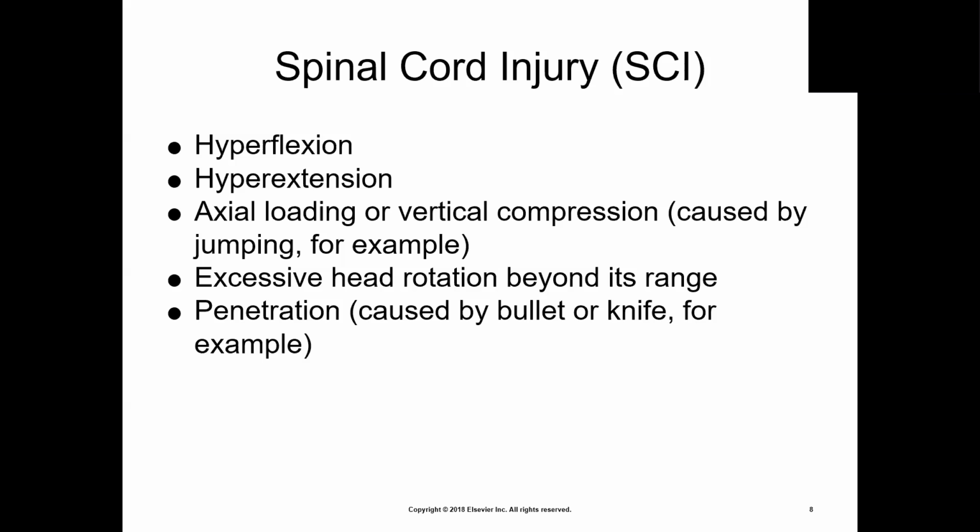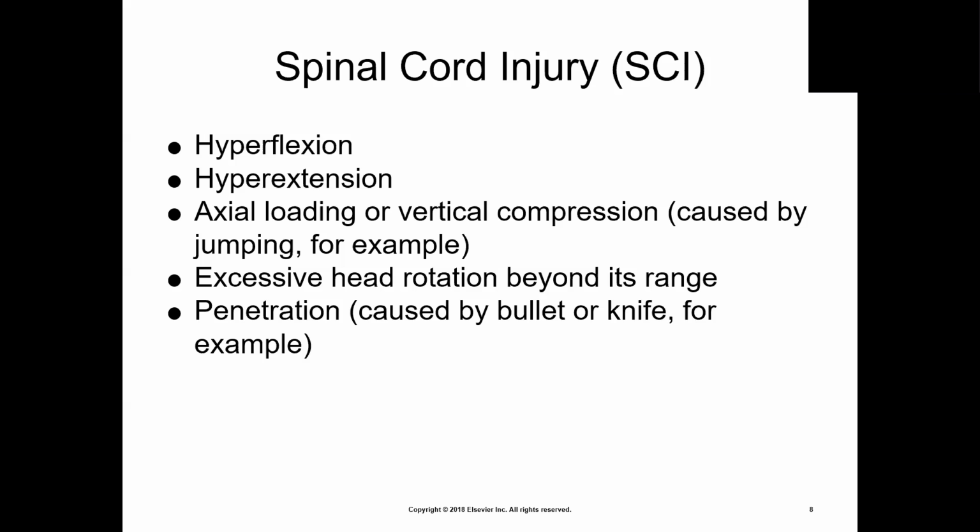Okay, so they are unfortunately caused by a hyperflexion and then even a hyperextension of the neck. So if you look at page 894, motor vehicle accidents are the leading causes of spinal cord injuries.